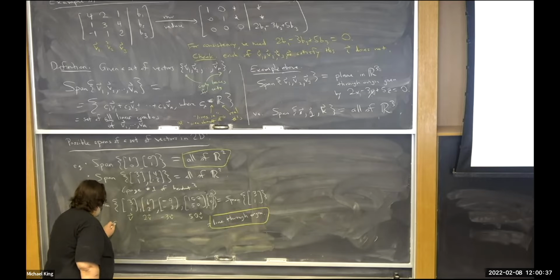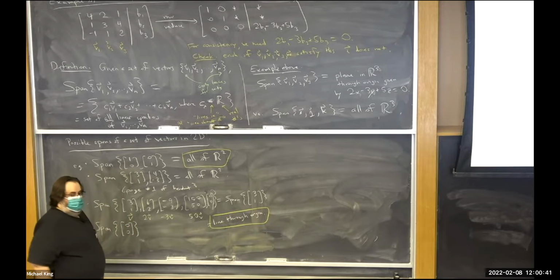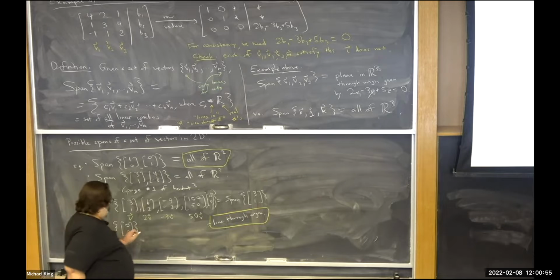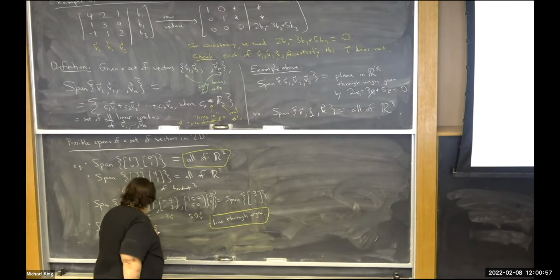Here's another one. What's the span of the 0 vector? Just the origin, right? There's no way to get away from the origin if you just have the 0 vector. So that is just the origin.